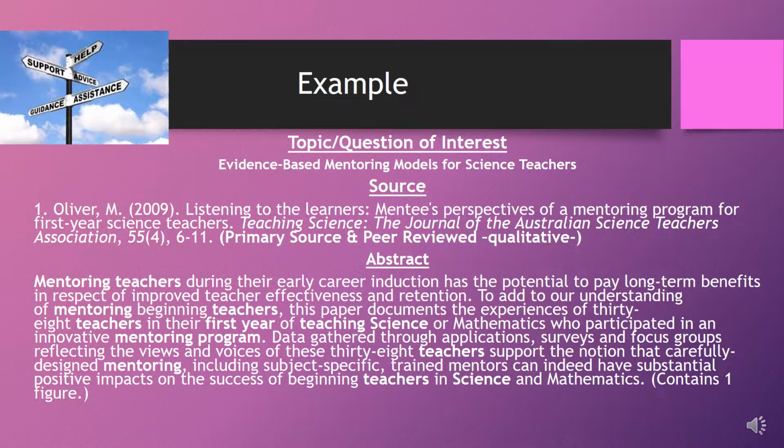Review Week 3 assignments folder for examples on how to identify primary versus secondary sources and examples of qualitative versus quantitative sources. Abstract. If an abstract is listed, paste the abstract under the source listed. If no abstract is provided, state in your resource assignment near the source, no abstract is provided.